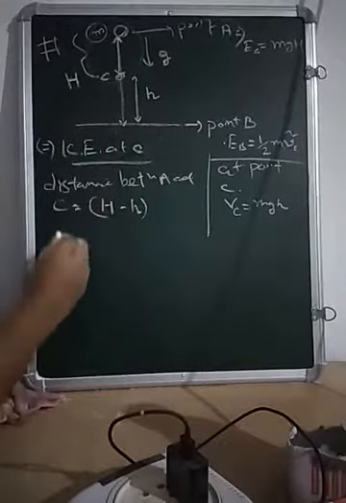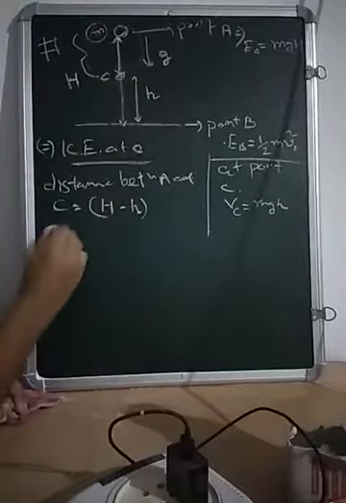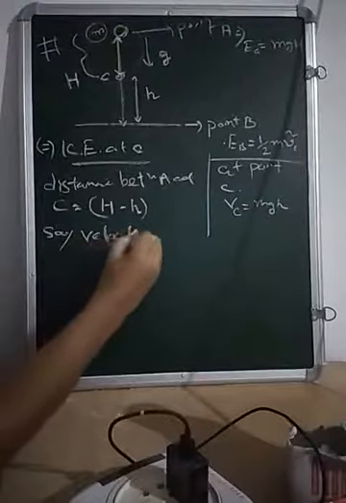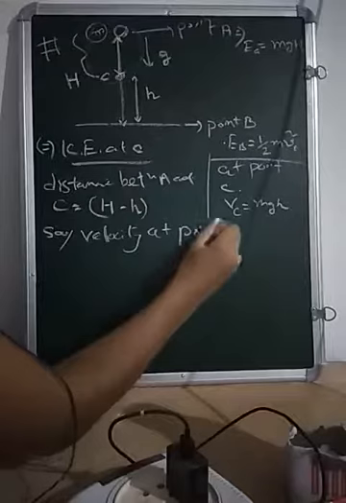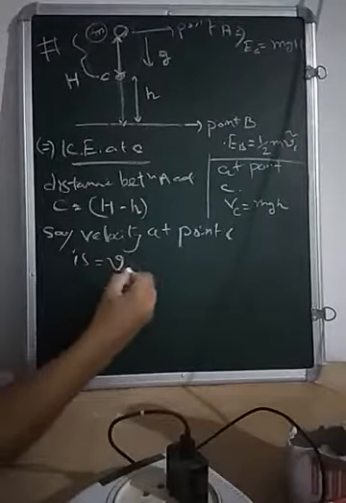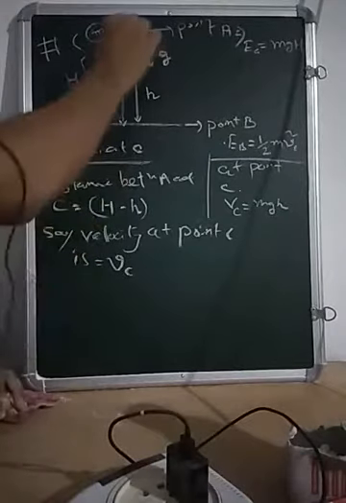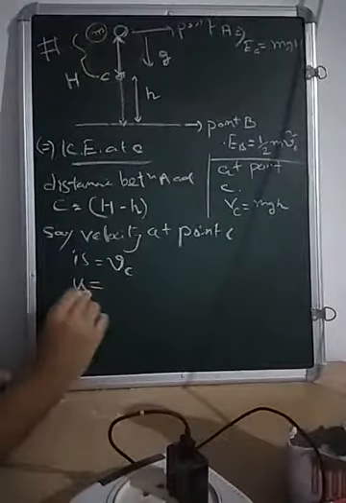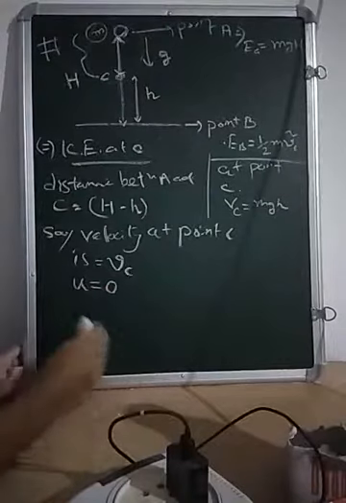Suppose the velocity at point C is small v_c. The initial velocity at point A, u, is equal to 0.